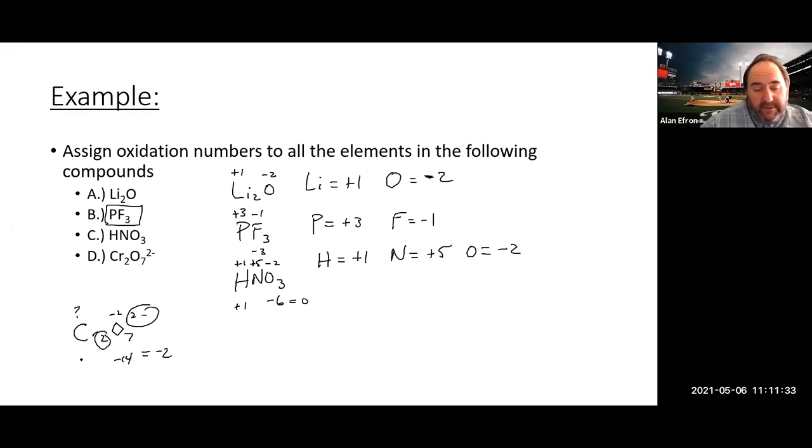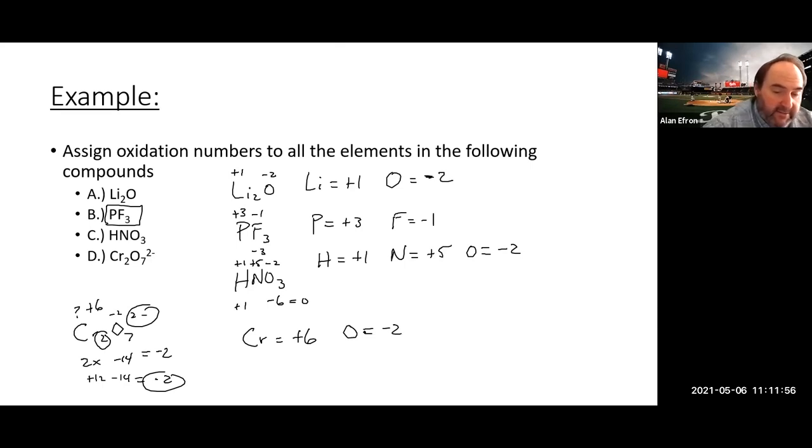Basically, each of the chromiums needs to be +6. +6 times 2 is +12, and -14 leaves -2. So chromium here is +6, and the oxygen is -2. Any questions on how to assign those oxidation states or numbers?